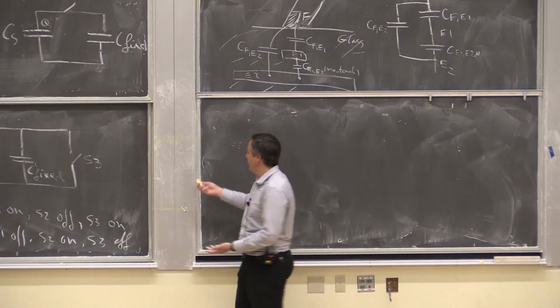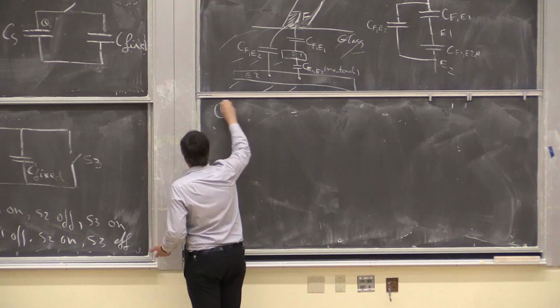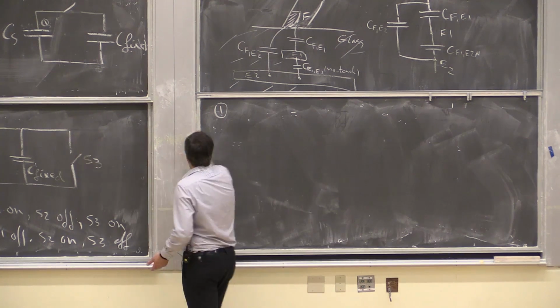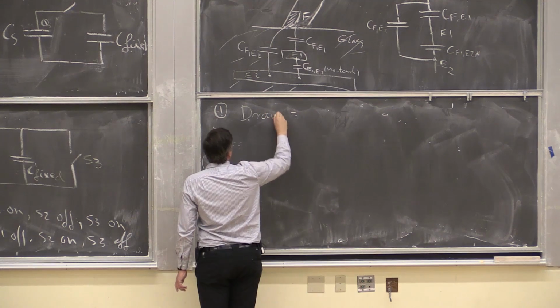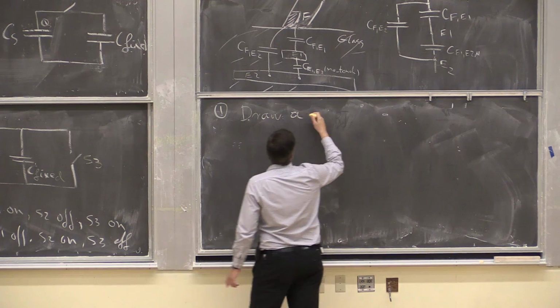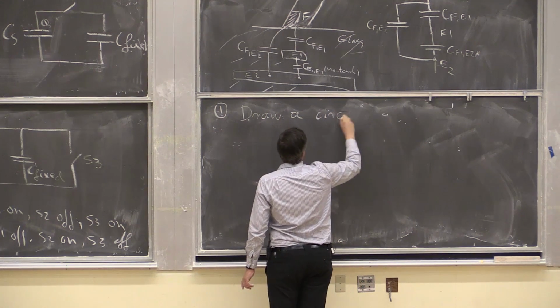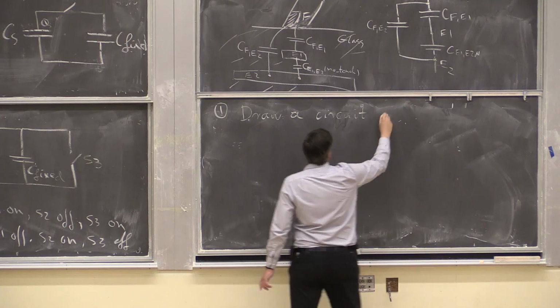Okay. So whenever you get circuits like this, you essentially apply a recipe, right? And a recipe goes like this. One is you draw a circuit for each phase.